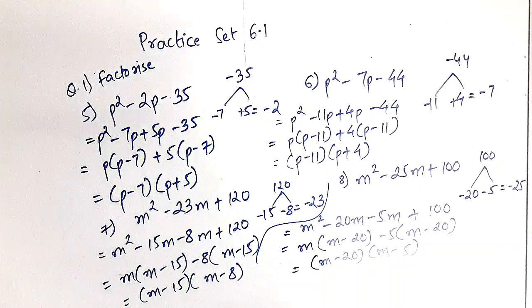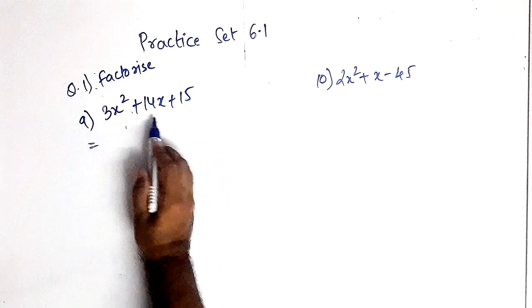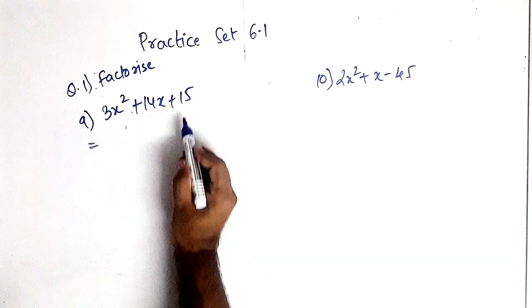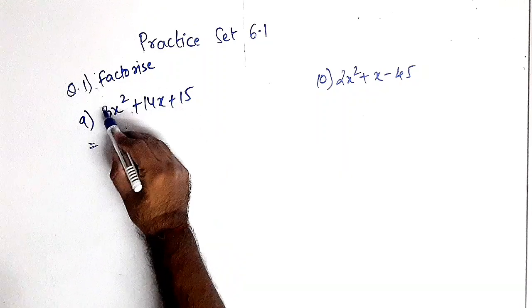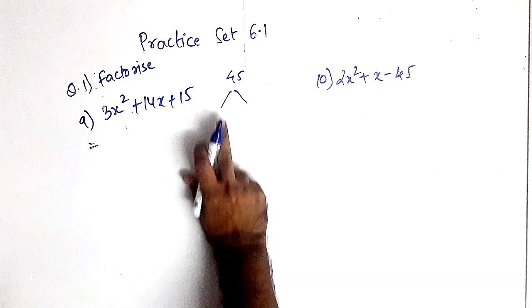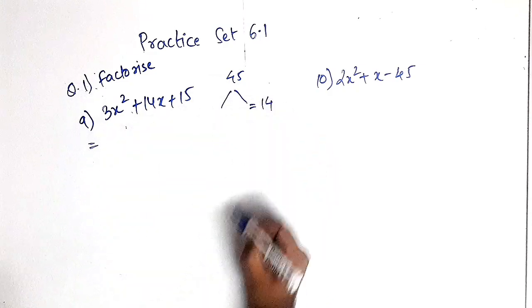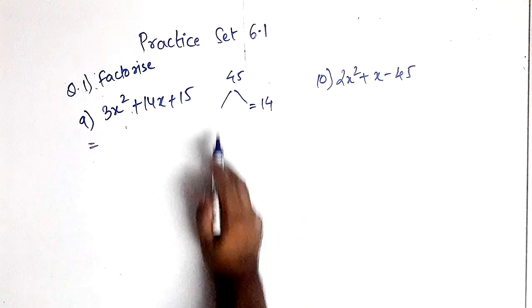Then we'll come to the ninth one. The ninth one is 3x square plus 14x plus 15. First and third term you can see 15 3s is 45. So I want the factors of 45 such that I want the total to be 14. How will I get 45?